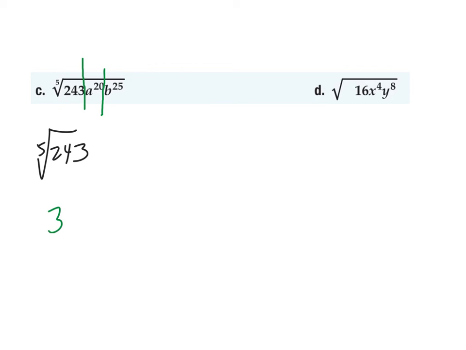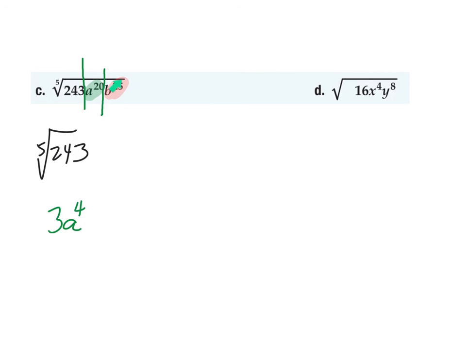Now, the nice part about the a to the 20th, I can just divide the power by the index. So 20 divided by 5, instead of rewriting the whole thing like I had it before. So that 20 divided by 5 is 4, so that's a to the 4th. And then I can do the same thing with b.